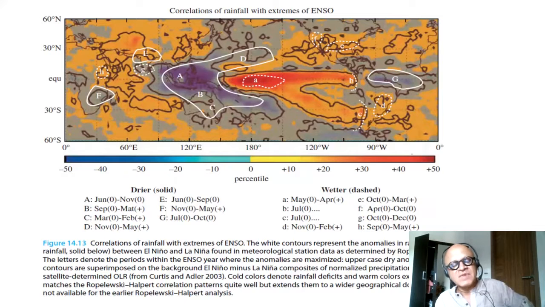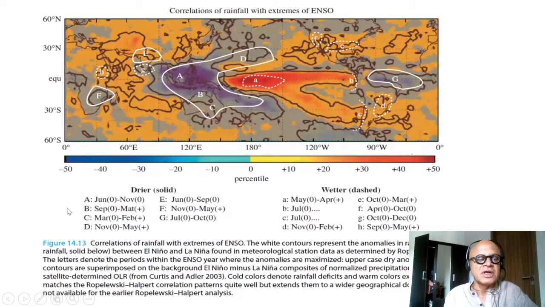Many analyses have been done of this. There is the Ropelewski and Halpert analysis, which is considered kind of seminal. It was one of the first ones to appear in great detail using all the data at that point. Right now we have much more data and many more details have been put in.